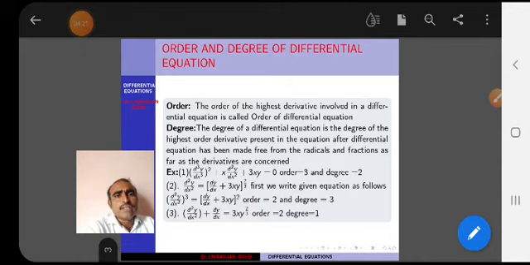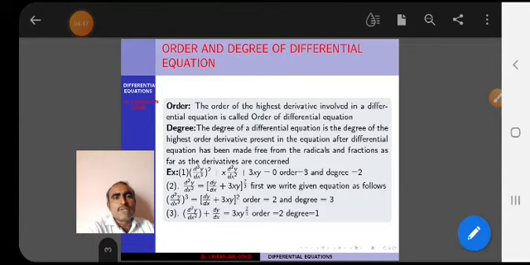By raising the given equation to the power 3, you will get (d²y/dx²)³ = (dy/dx + 3xy)². So in this equation, the highest order derivative is d²y/dx². So the order is 2, and the power of d²y/dx² is 3. So the degree is 3.